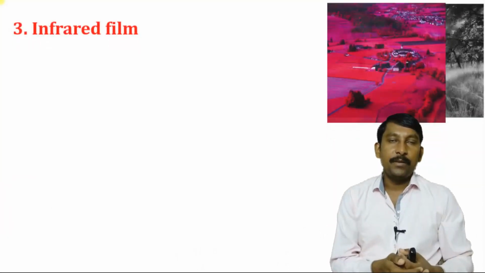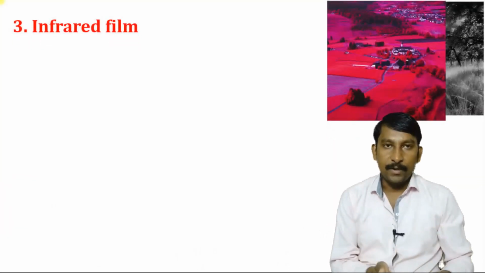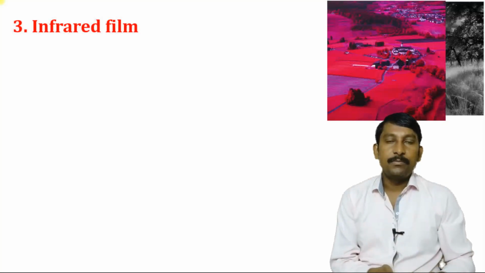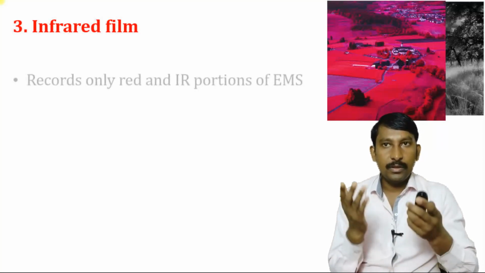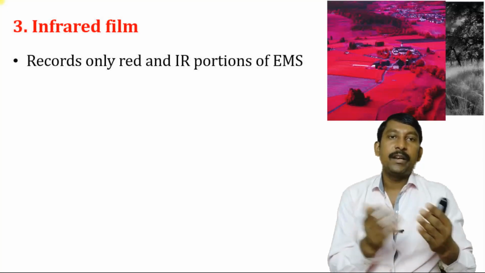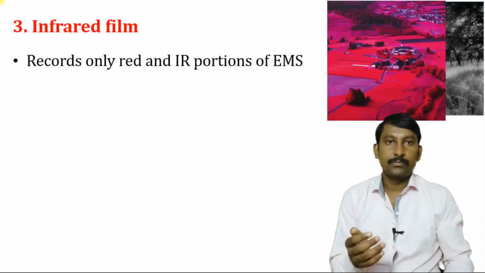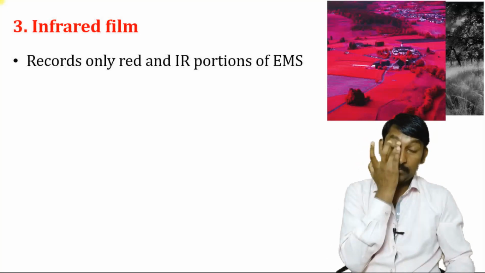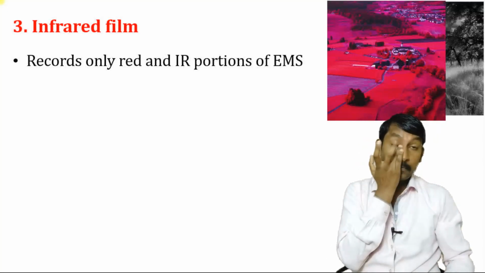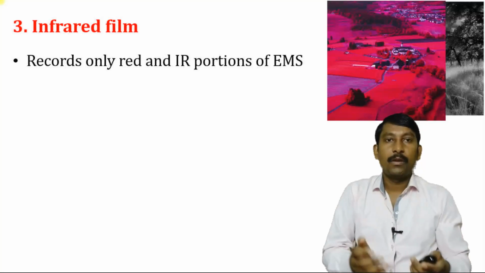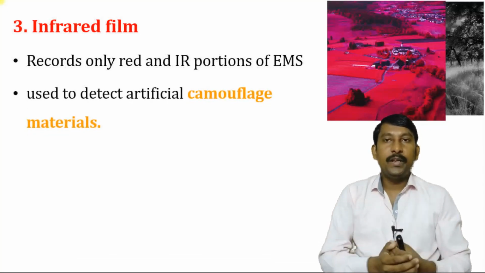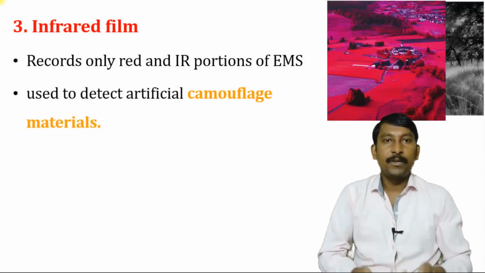Next type of aerial photographs is the infrared film. Infrared films record only the red and infrared portion of the electromagnetic spectrum. Used to detect artificial camouflage materials.